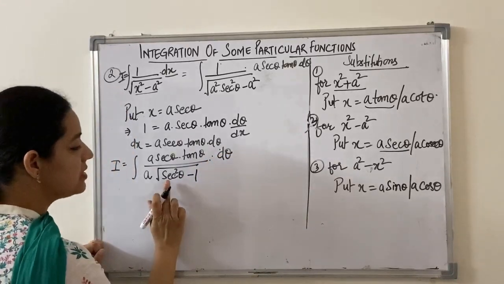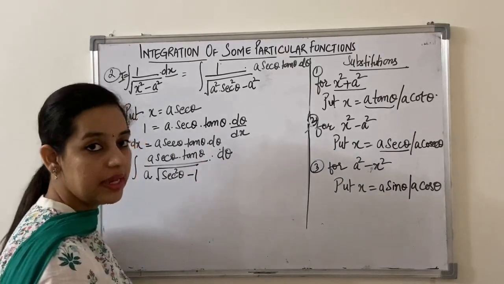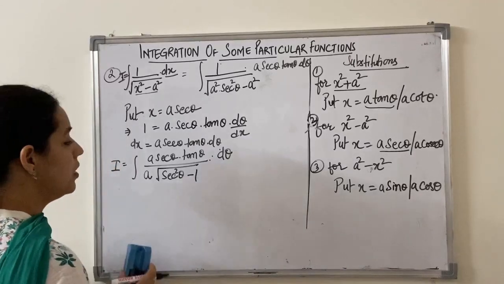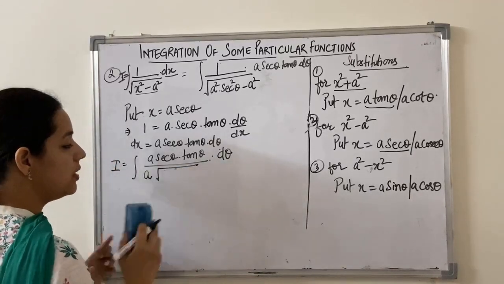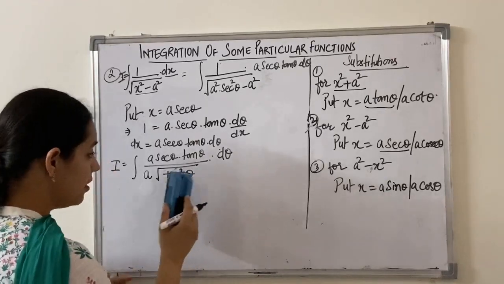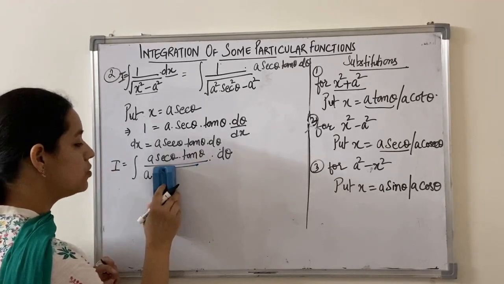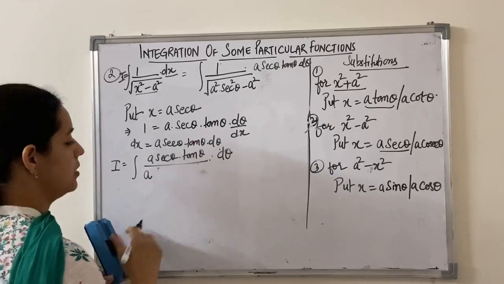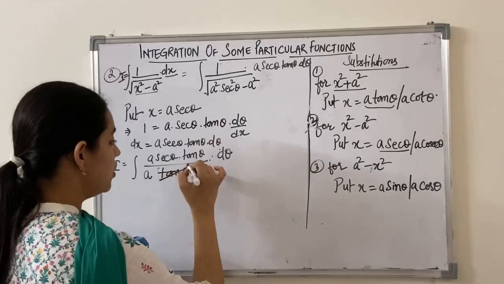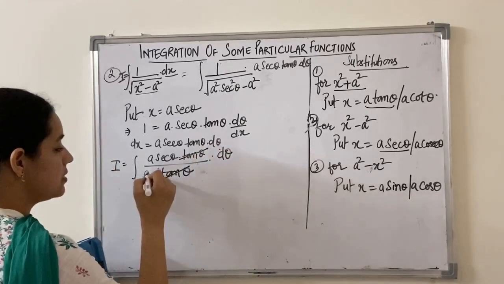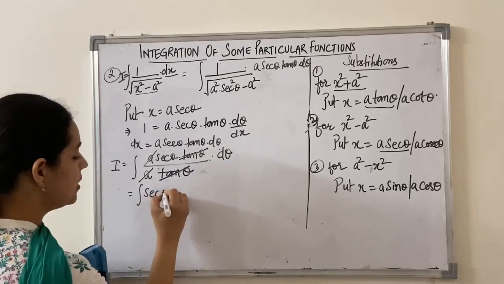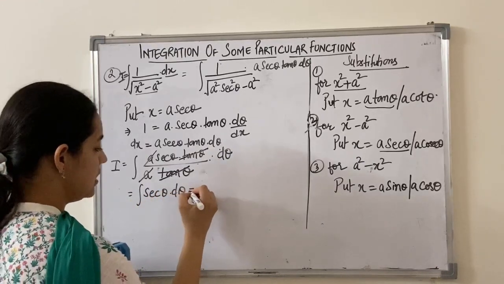And here you can observe that secant square theta minus 1 is the identity. So in place of secant square theta minus 1, you can use tan square theta. And for the tan square theta, if we take its square root, we are going to get the function here as tan theta. So tan theta, you can see in the numerator and the denominator, cancels out. A also cancels out, and we are only left with the integral secant theta d theta.